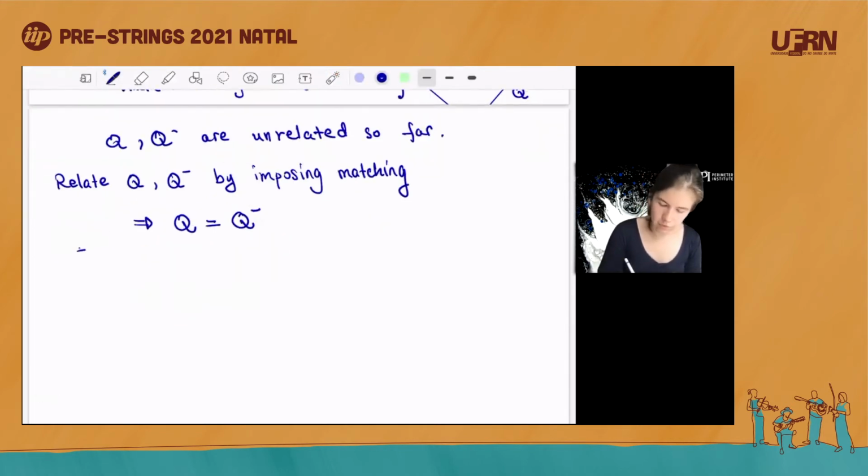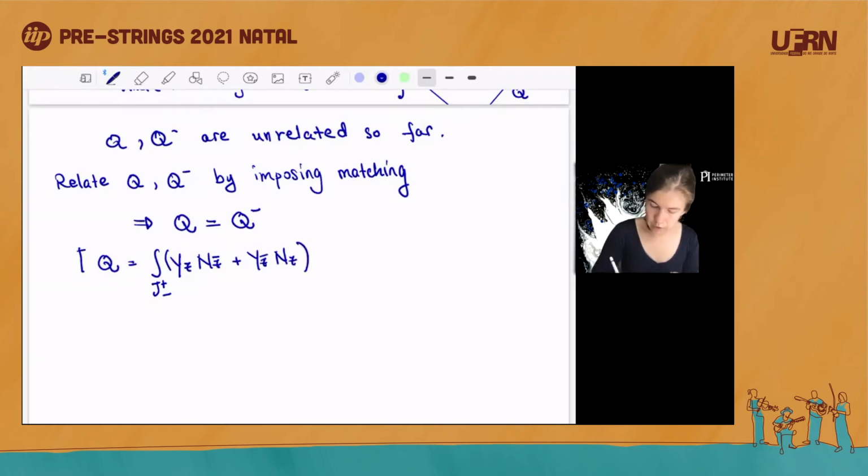To see that, one can look at the following representation of the superrotation charge. This can be written as an integral at Scri plus minus over y, z, and z bar, where this is the angular momentum aspect I discussed yesterday, and these are the conformal Killing vectors on the sphere.